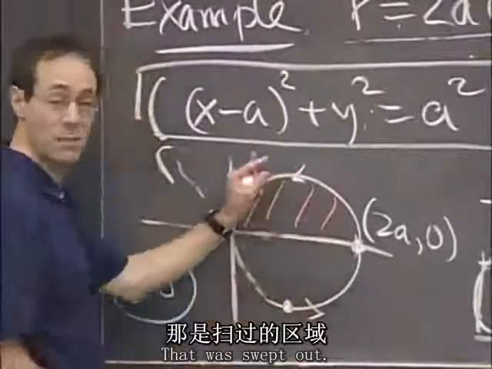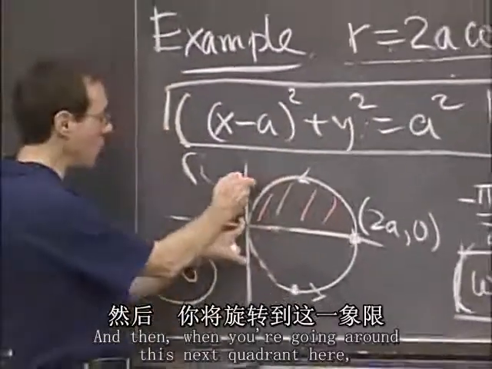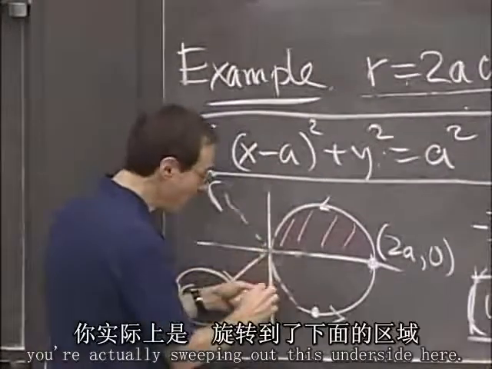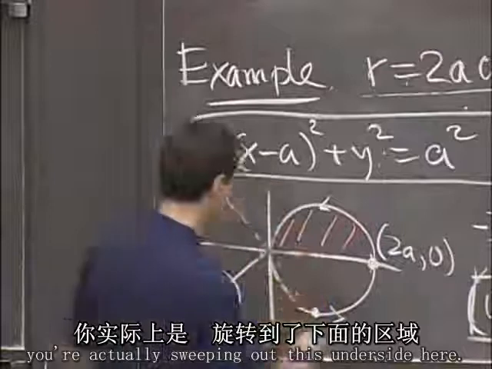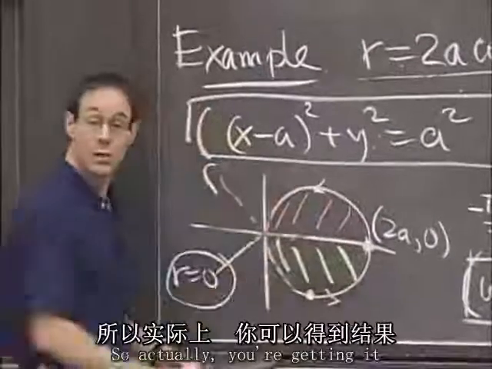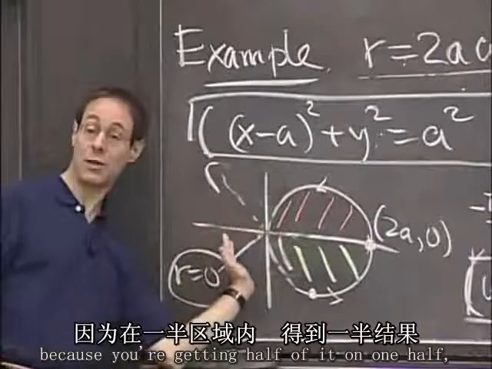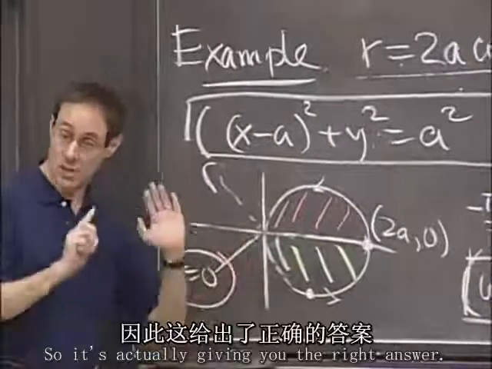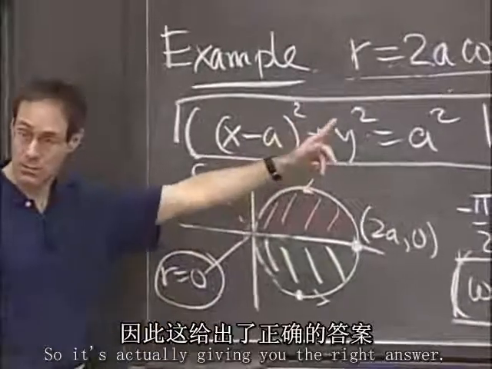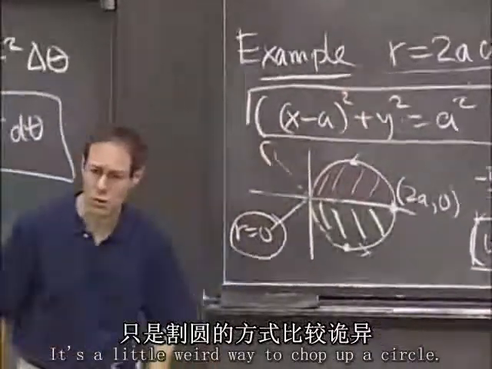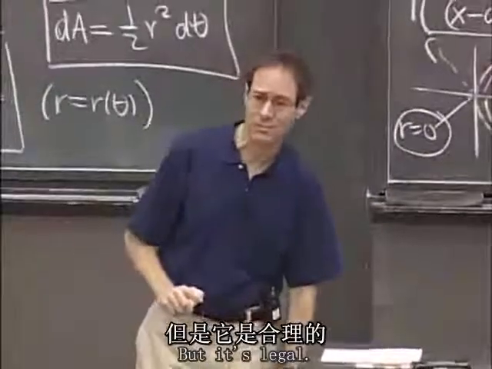That was swept out. And then, when you're going around this next quadrant here, you're actually sweeping out this underside here. So actually you're getting it because you're getting half of it on one half and you're getting the other half on the other quadrant. So it's actually giving you the right answer. Okay? So that turns out to be okay. It's a little weird way to chop up a circle, but it's legal.